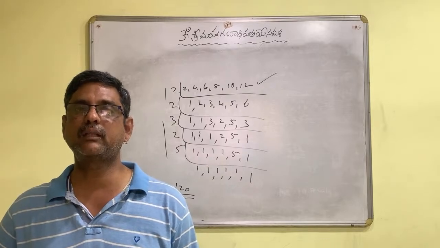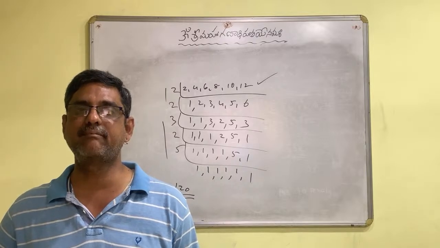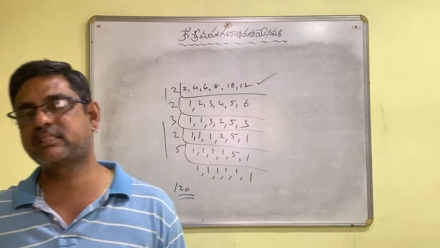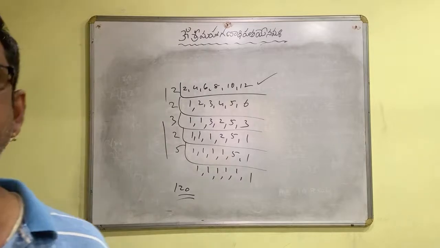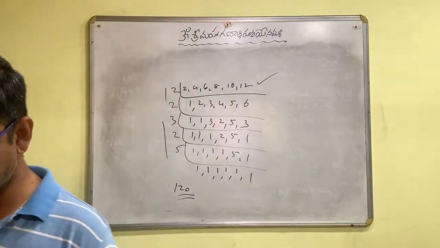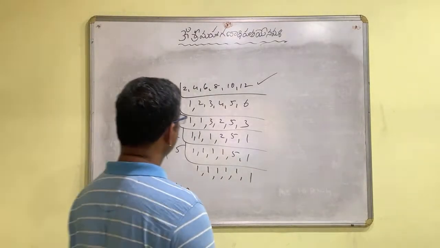So that means all the 6 bells will toll together after every 2 hours. So in 30 hours, 30 by 2 plus 1, 16 times they will toll together. Okay? Right.